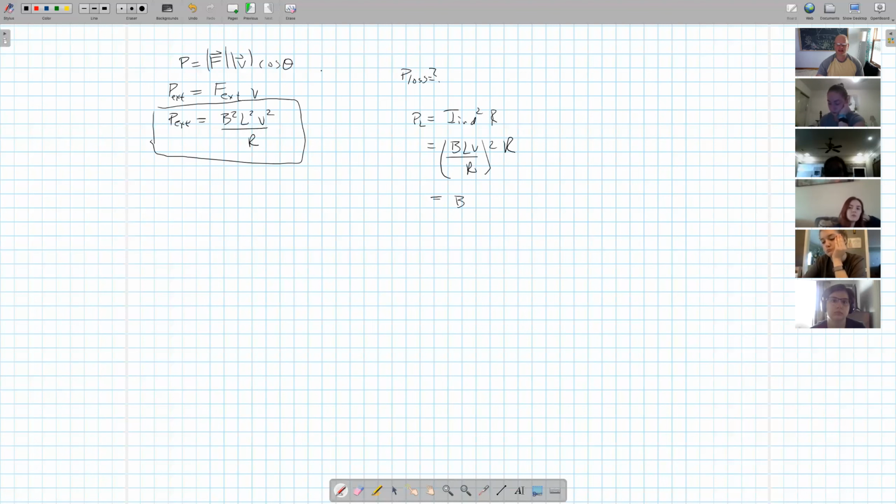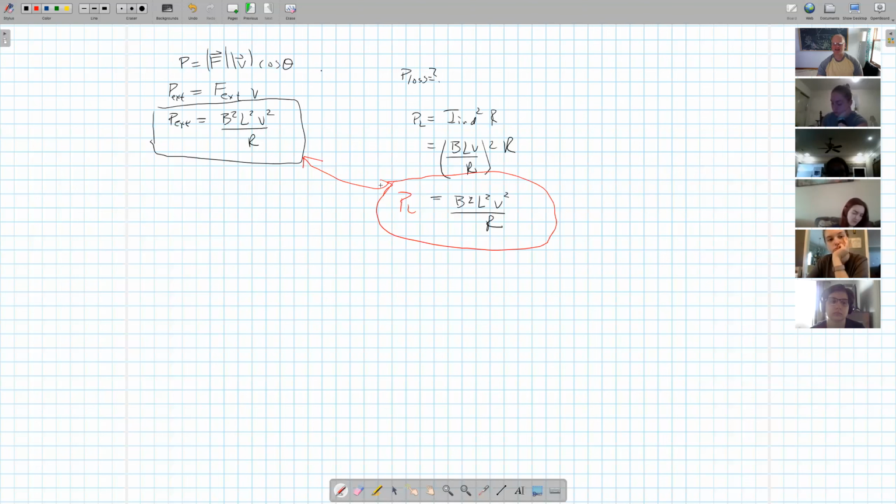So this is actually the same thing as B squared times L squared times V squared divided by R. So the power lost, as we can see here, is exactly the same thing as the power needed to pull this thing. So the external power, which is being supplied by that external force to pull it, is then being radiated away by the wire itself, increasing its thermal energy and then losing the energy via thermal energy.